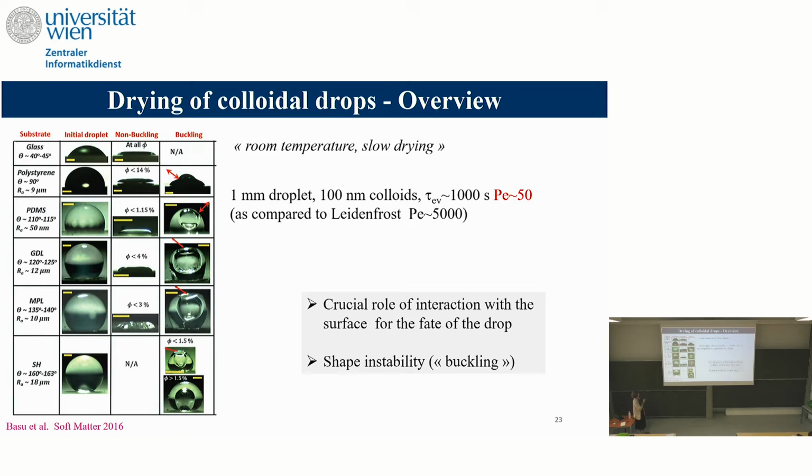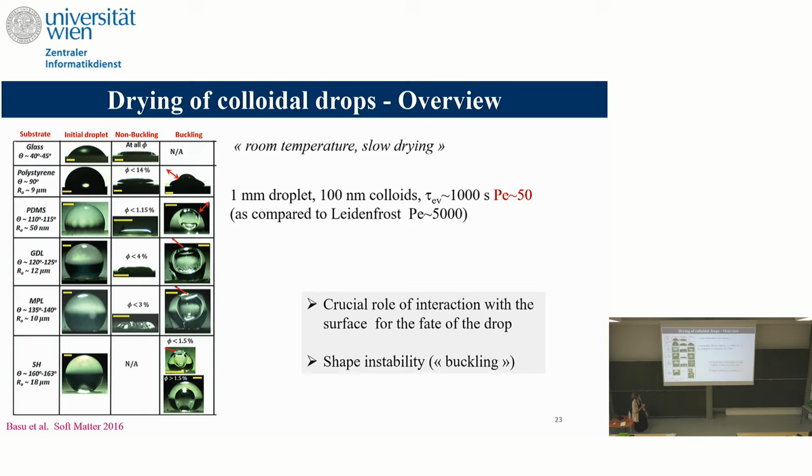From glass, which is essentially hydrophilic, so you have your initial drop with this shape, till something where you increase the hydrophobicity till something super hydrophobic where you have this shape, okay? And they look at what's going on, whether you have buckling, meaning whether when it dries you have some shape instability or not, depending on this parameter and on the volume fraction.